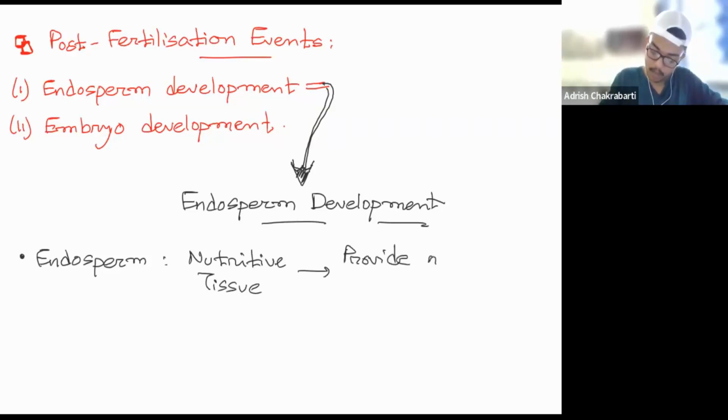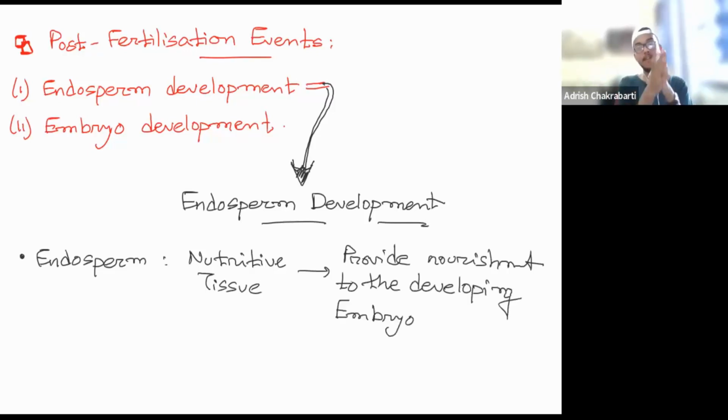To provide nourishment to the developing embryo. So after triple fusion, we observe the triploid primary endosperm nucleus, which gradually, after the post-fertilization changes, develops into the endosperm. It is a nutritive tissue, and its primary function is to provide nourishment to the developing embryo.